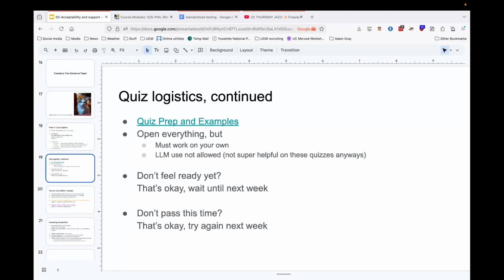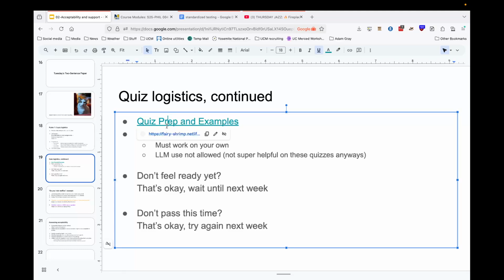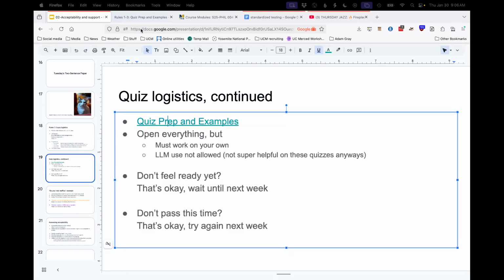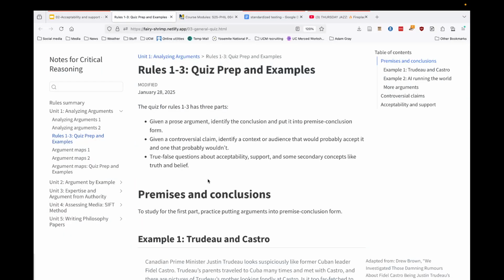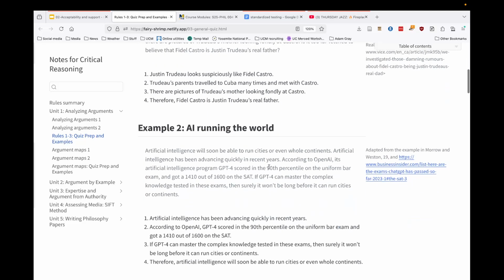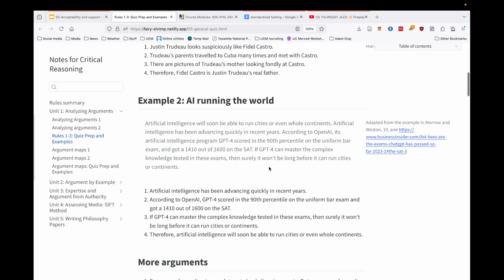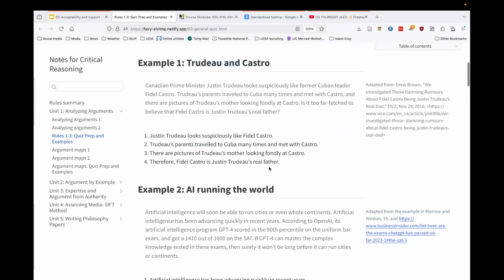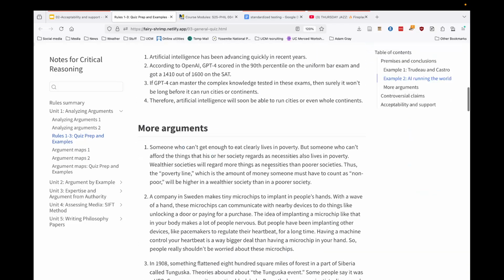For practice, on the online notes, I have a whole page that runs over the structure of the quiz, gives you examples for particular questions. So here I have 2 worked examples. Here's a pair of arguments, and identify the conclusion, put them in premise conclusion form.